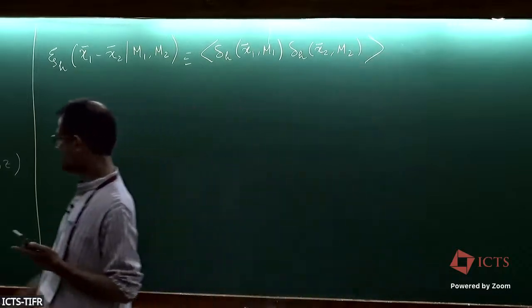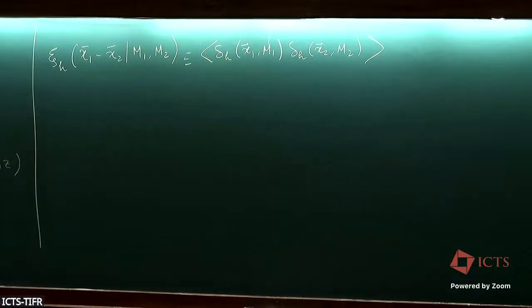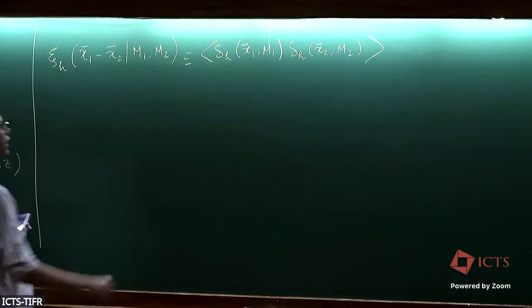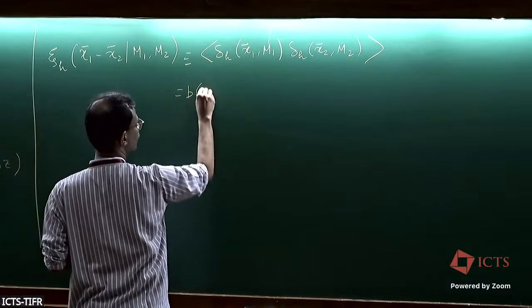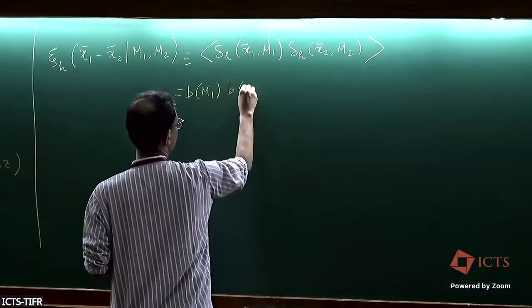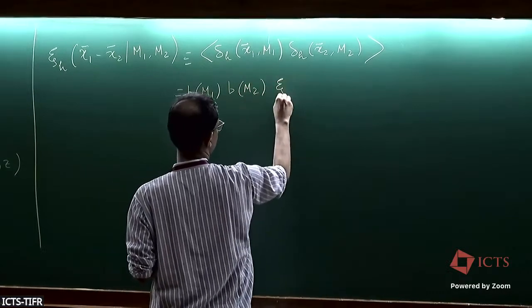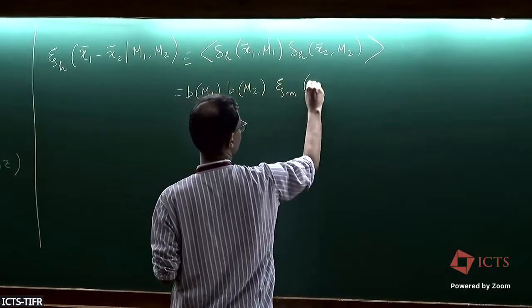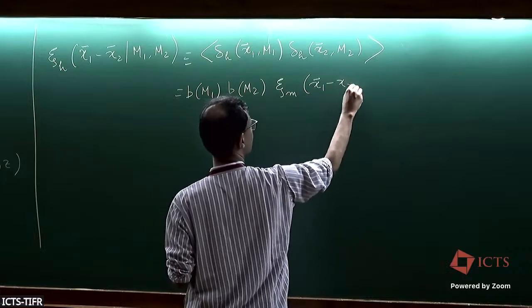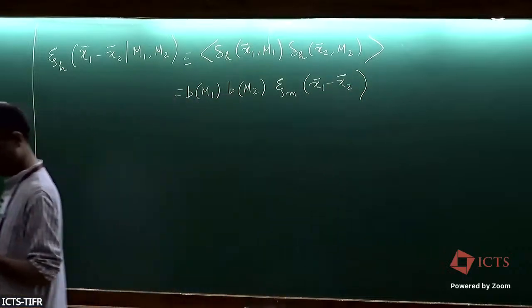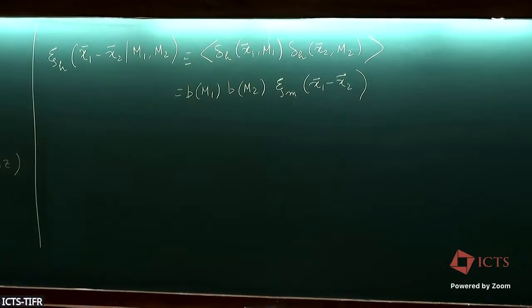And if I put this expression back, this will turn out to be B of m1, B of m2, psi of m, x1 minus x2. In fact, it will be mod, but I'm just not putting the mod. It will have z dependence basically, through nu.